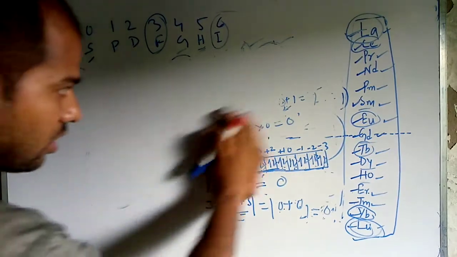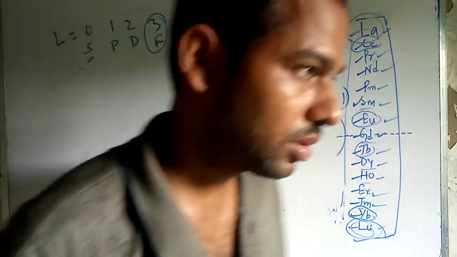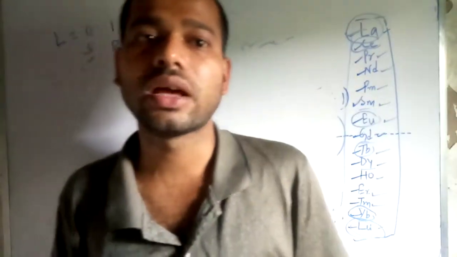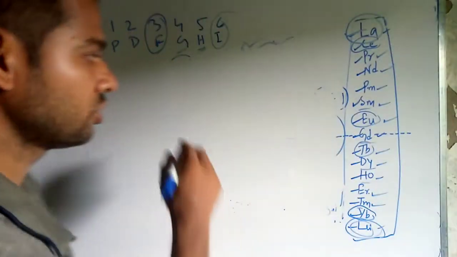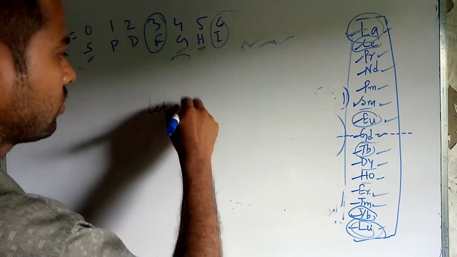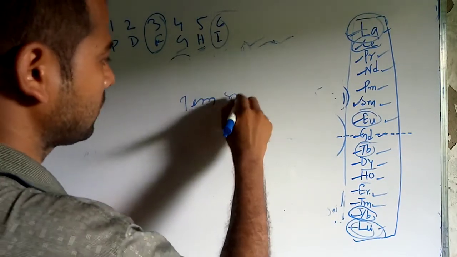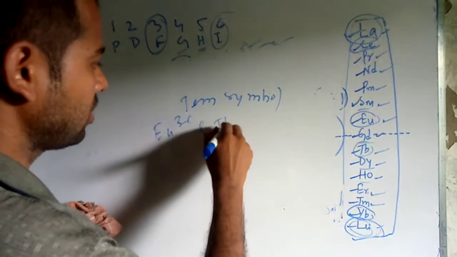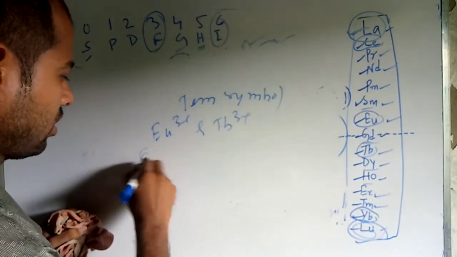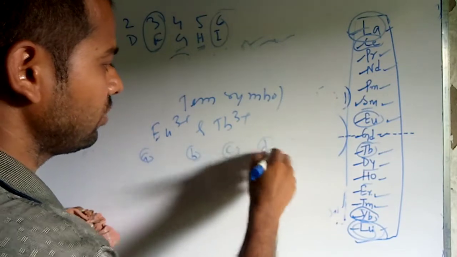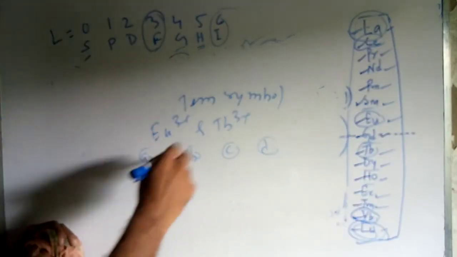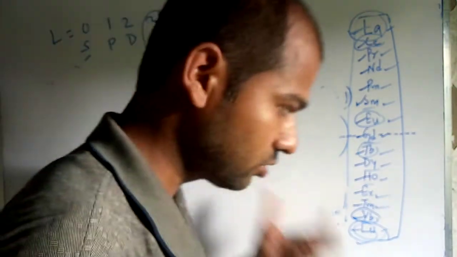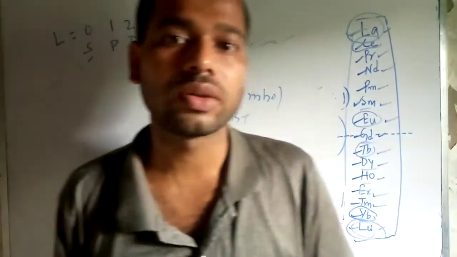One question arises from this topic in various years: give the term symbol of a given lanthanide 3 plus ion, with options A, B, C, D provided. You will tick the right answer, and this question is very common in various competitive exams.